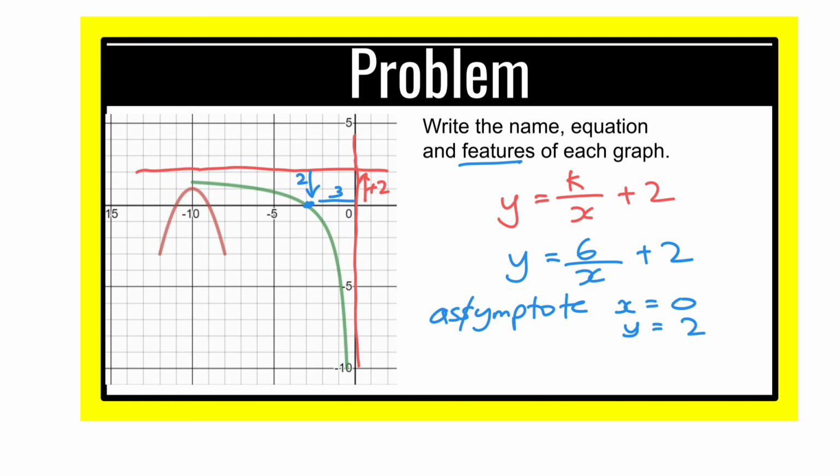So x cannot equal 0 on your graph. The other features, you could make the domain of this from x is less than 0 and greater or equal to negative 10.